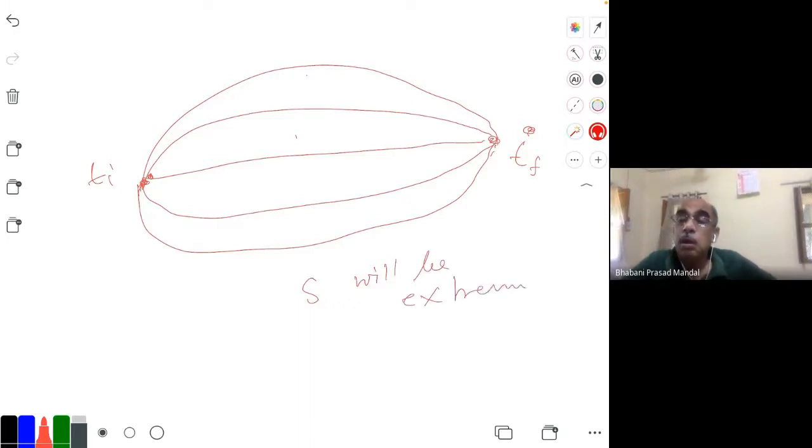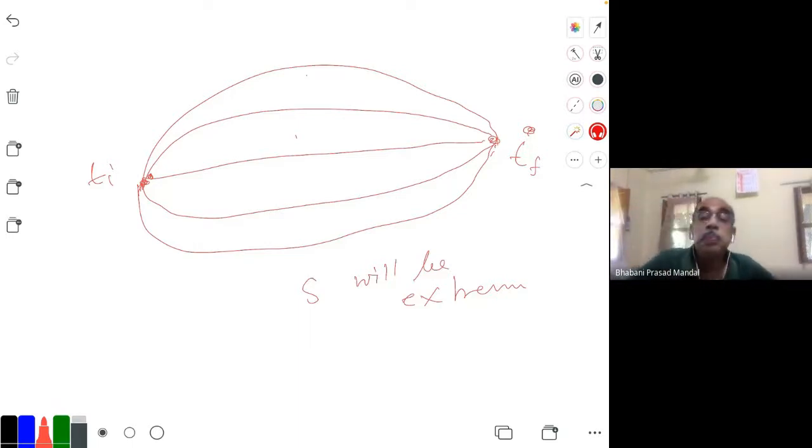From Lanka to Kant, you can go via Sigra, via DLW, you can even go via Calcutta and then come back to Kant. So there are infinite ways.